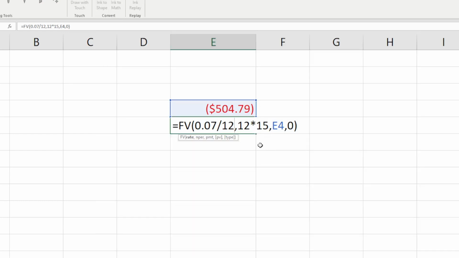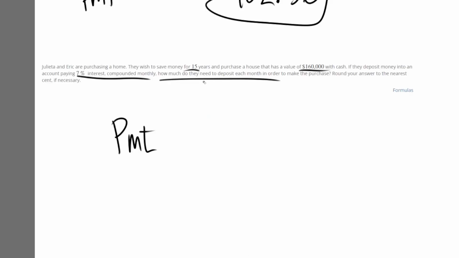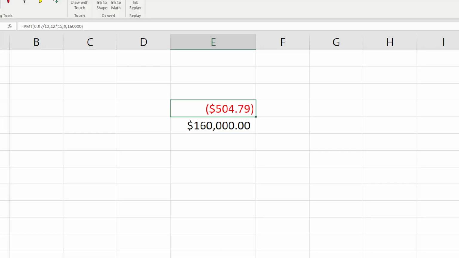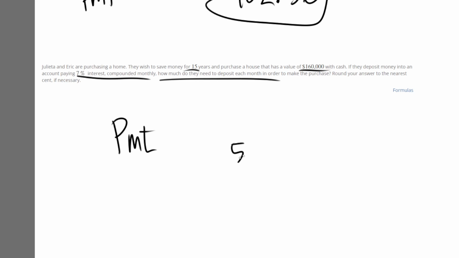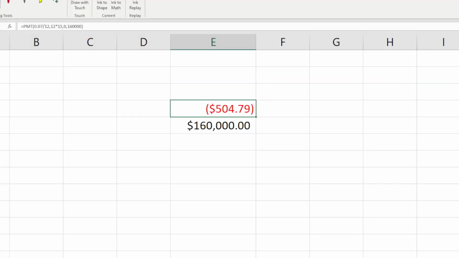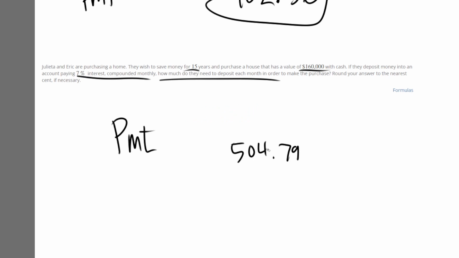So that checks out. We get the $160,000. So that is our answer. The 504.79 would be our answer for that.